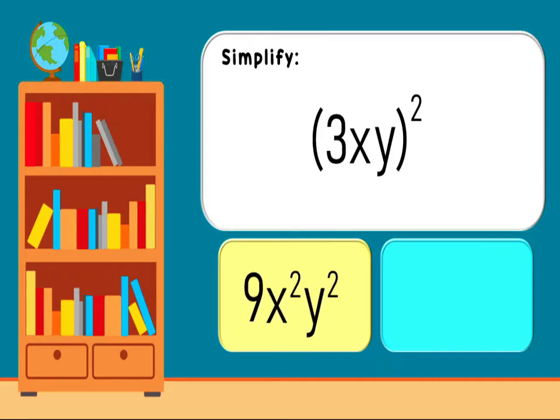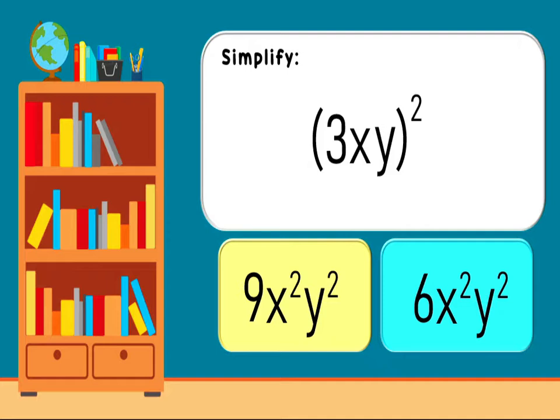For color daffodil, it's 9x raised to the second power, y raised to the second power. While for color cyan, it's 6x raised to the second power, y raised to the second power. Is it daffodil or cyan?